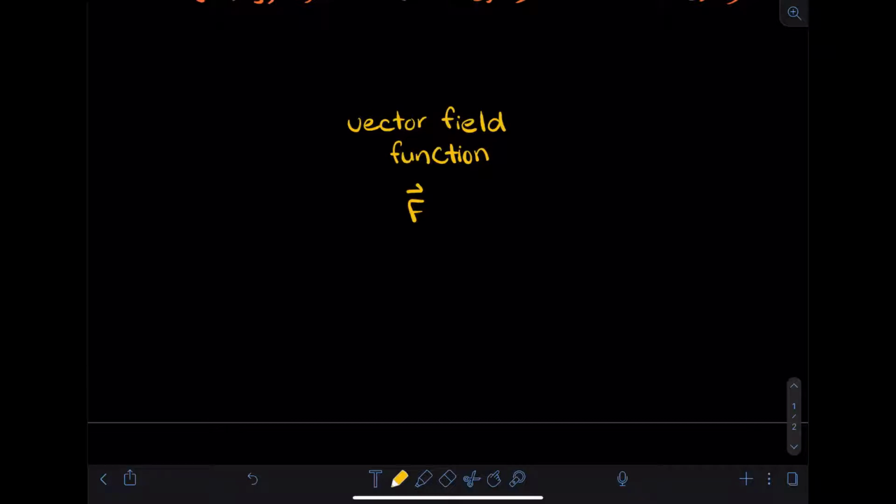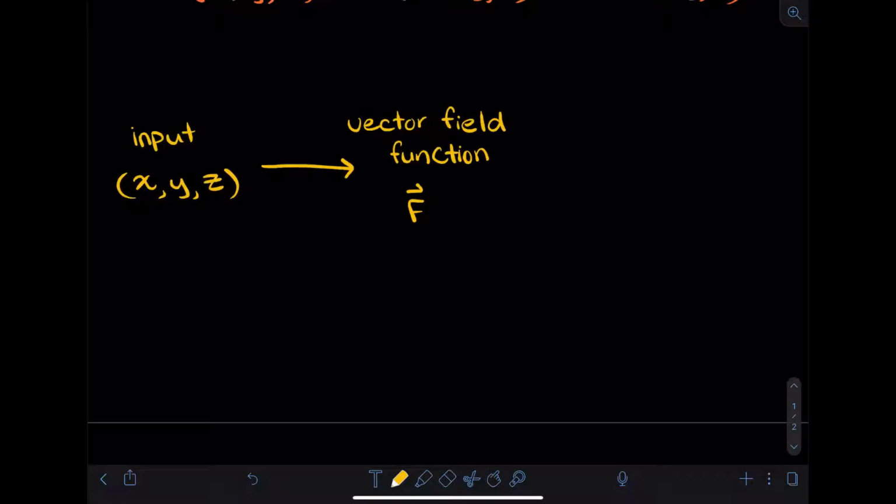Now that vector field function inputs a point. So we want to input some point x, y, and z. Now obviously if it's R2, we'll just only have x and y. If it's R3, we'll have x, y, and z. But in the most general sense, we'll use all three variables.